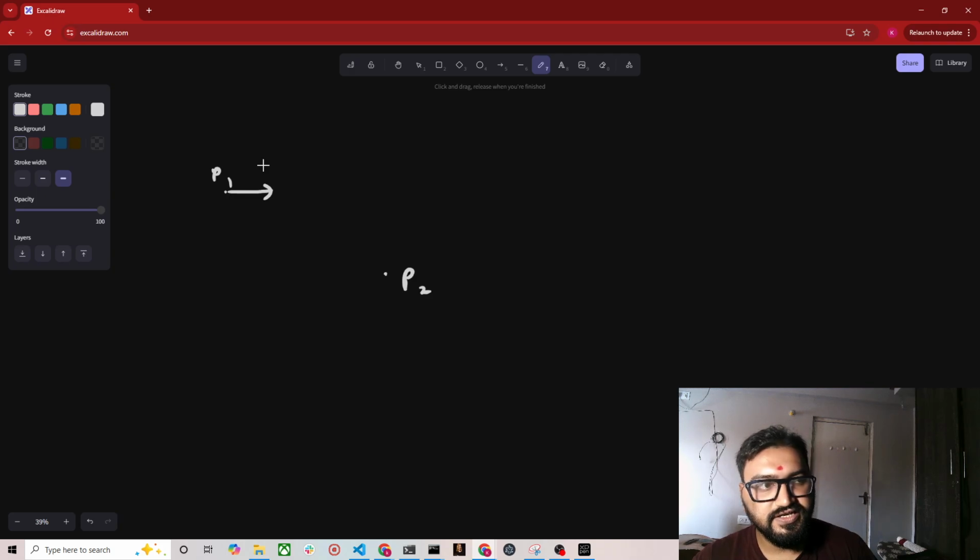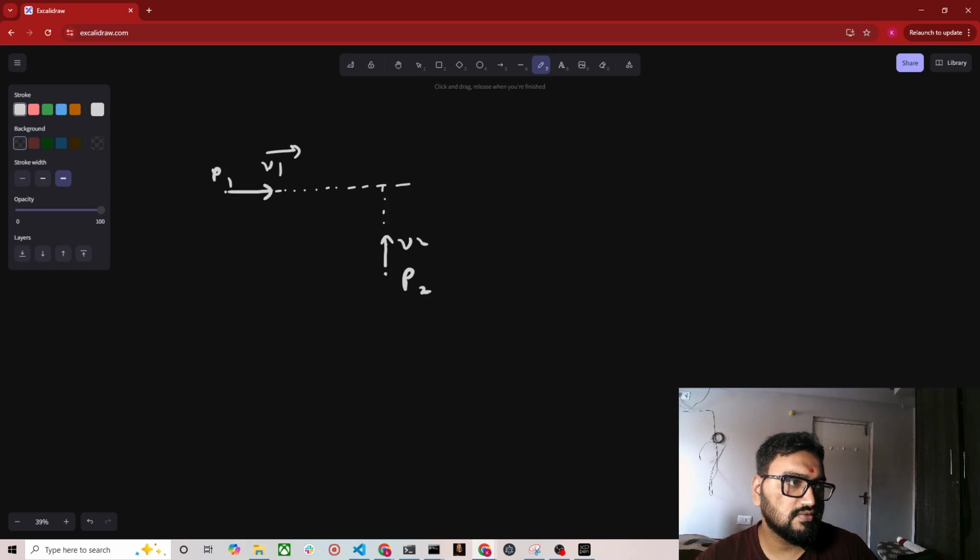So the first particle is moving, let's say, with a velocity of v1, and the second particle is moving with a velocity of v2, and their paths are supposed to cross at a point O. Okay, so their intersection point is O. So initially, when they started moving, the distance of the particles from point O was L1 and L2 respectively.